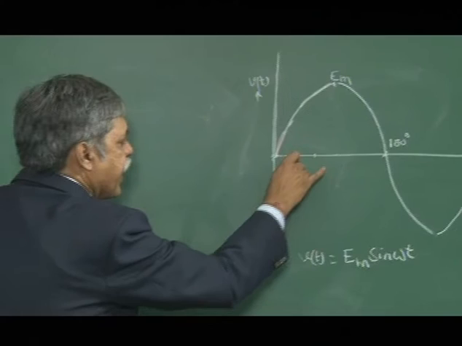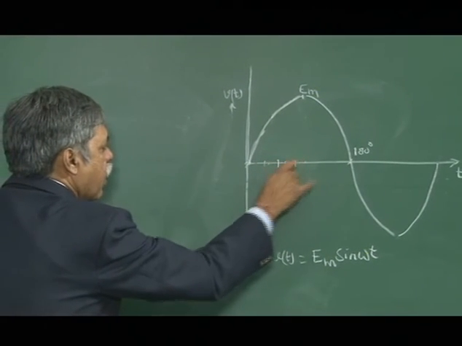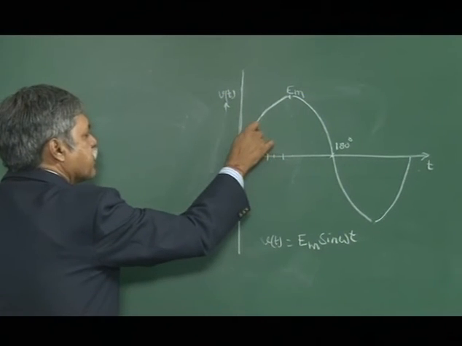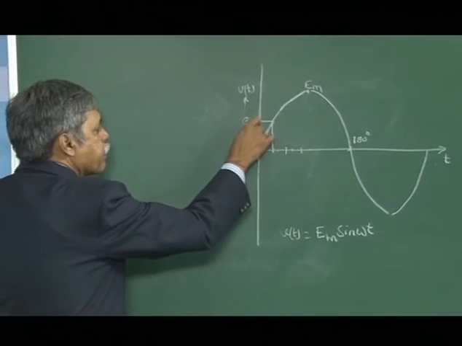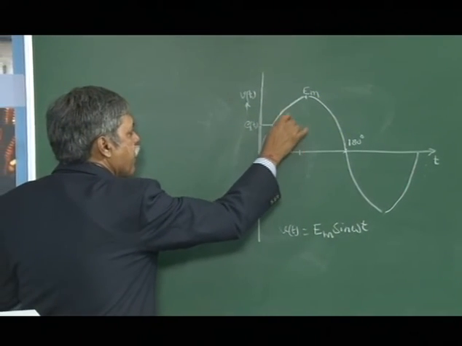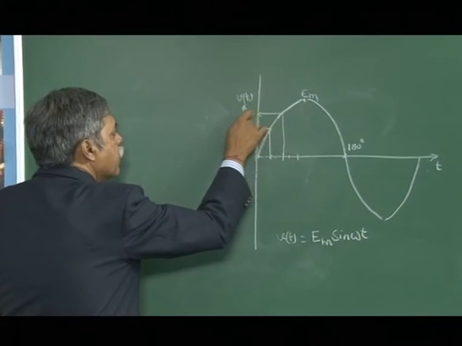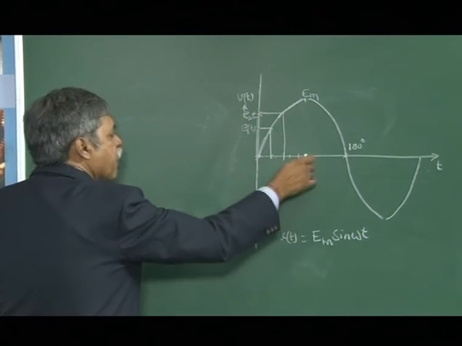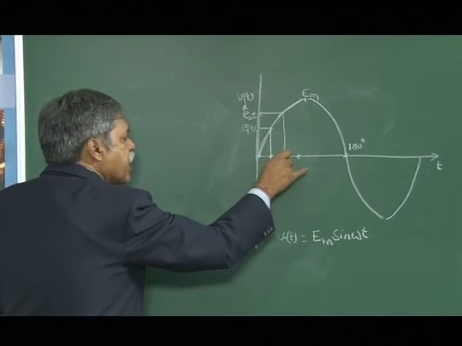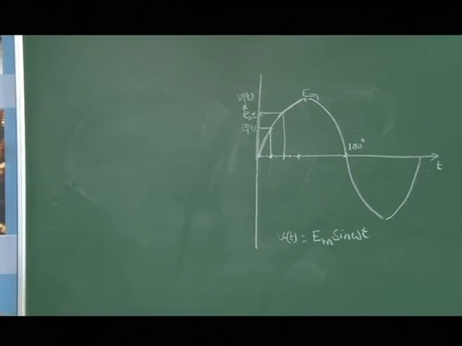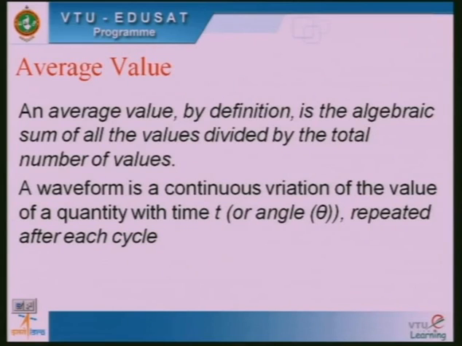At every 18 degrees I will divide like this. At 18 degrees this is my value E1 of t. At the next 18 degrees my value is E2 of t. Like this I will calculate the instantaneous value of this voltage for every 18 degrees, so I have 18 values. Take the average of those 18 values, and you get the average value of the sinusoidal quantity.